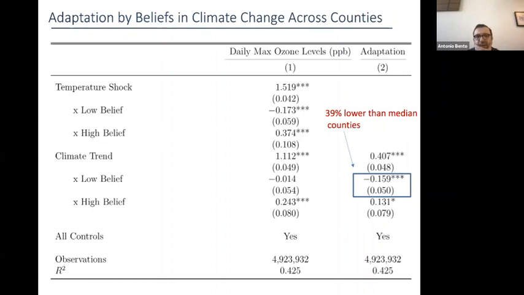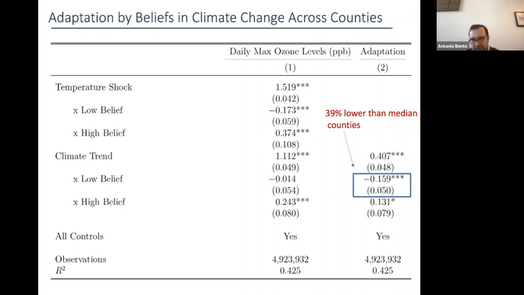I want to also link these with underlying behavior of economic agents by bringing data on beliefs for climate change and interacting both the temperature shock and the climate trend with low and high belief.